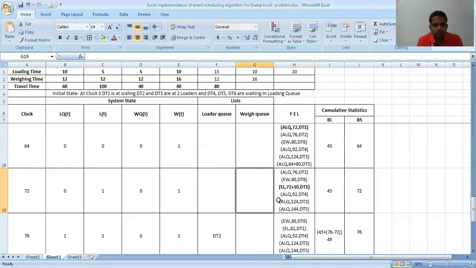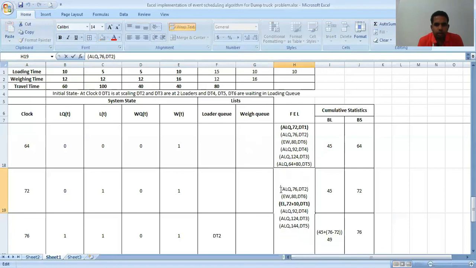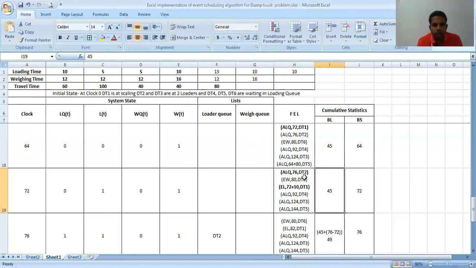And DT6's end of weighing will be the same. Next imminent event is with respect to the arrival of DT2 into the loading queue. So this event has to be included in this way, and your time must be advanced to that minute.